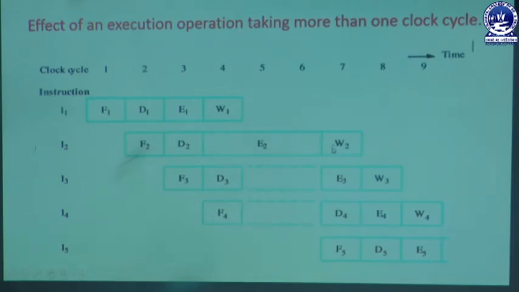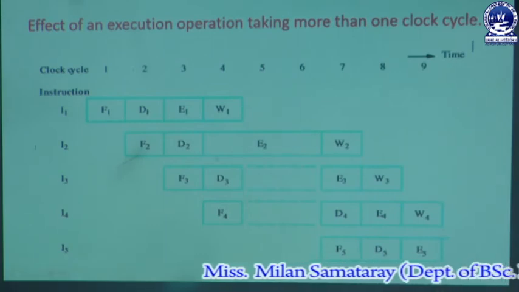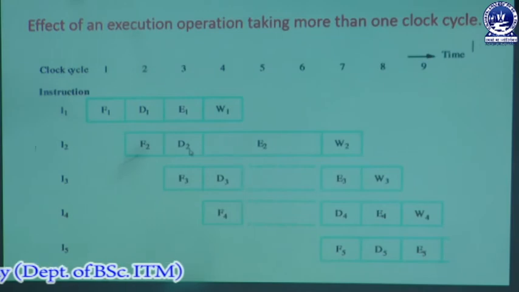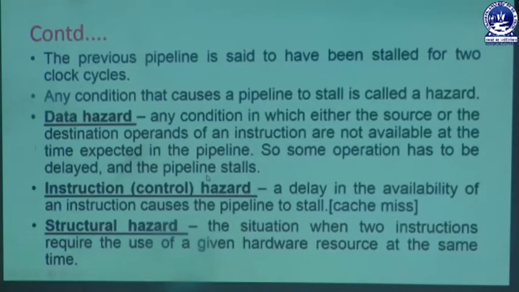So if any one of these operations takes more than one clock cycle, then the instruction which depends on this instruction's execution will be stalled. So the previous pipeline is said to have been stalled for 2 clock cycles. That type of condition is called hazards, and there are 3 types of hazards that occur in the pipelining concept.